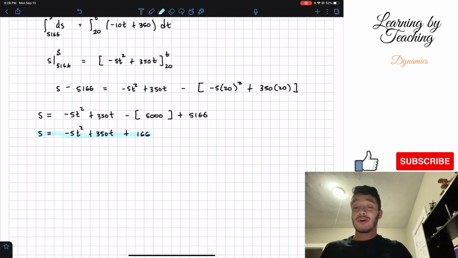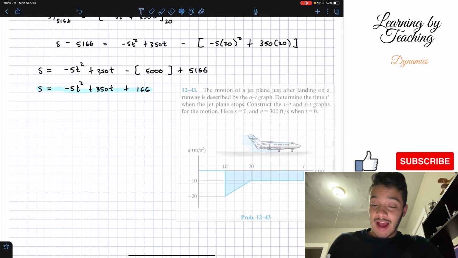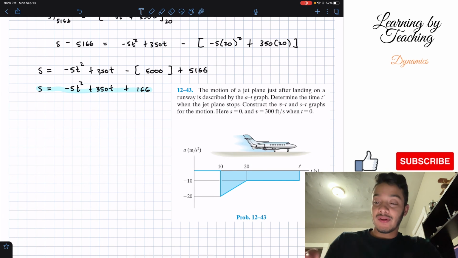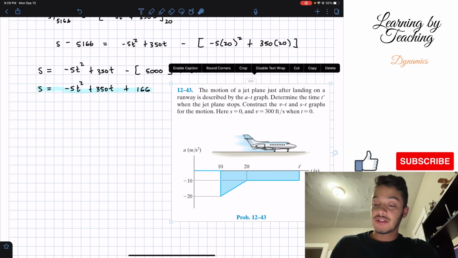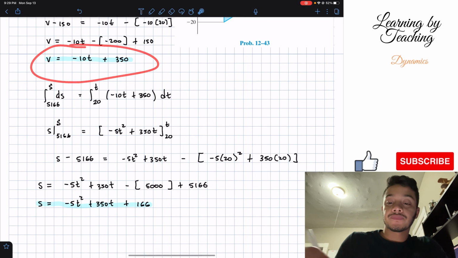So now we're gonna go back and see what was the actual question of this problem. It says determine the time t prime when the jet plane stops, and we need to construct our vt and st graphs. Okay, so let's start to determine the time t prime when the jet plane stops. And what we're going to utilize is our velocity equation.